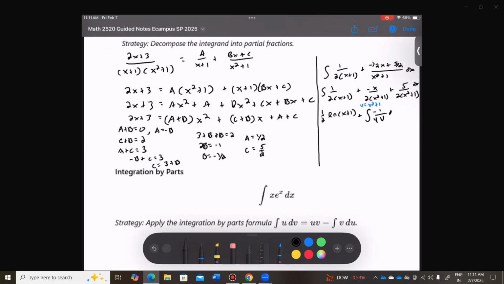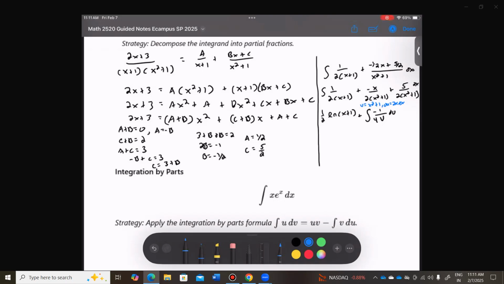Du, since I'm way over here, since du is 2x dx, we have x dx, we don't have the 2, so when we substitute in for x dx, we have to substitute in a 1/2 du, which puts another 2 in the bottom.